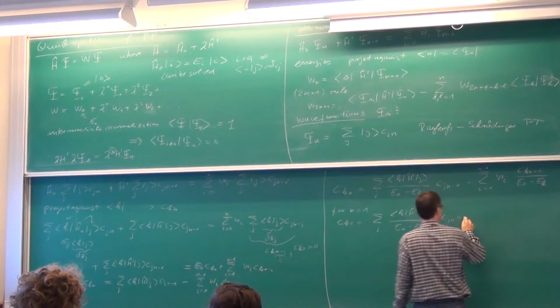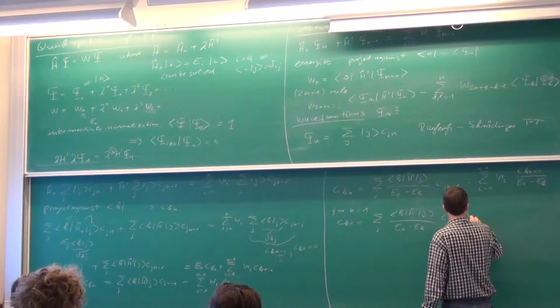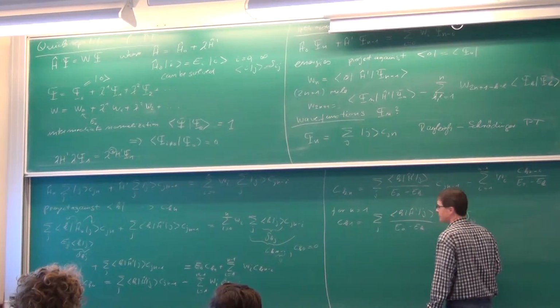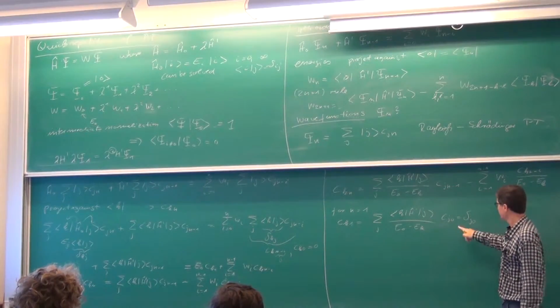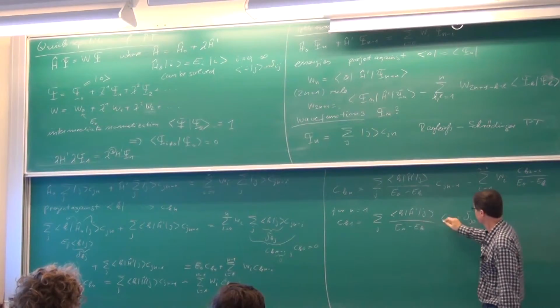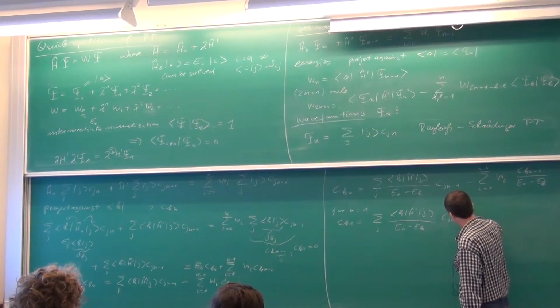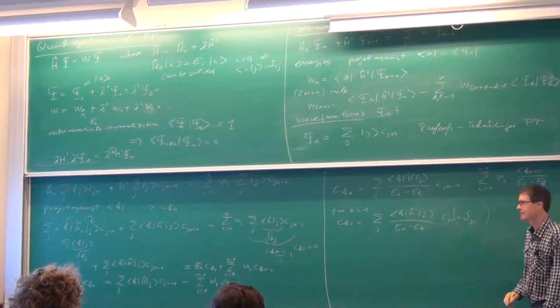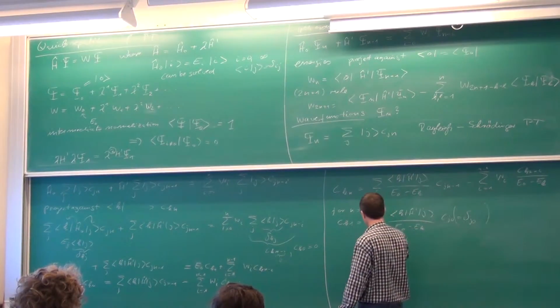So this is delta j 0. So only if j is equal to 0, it gives something. Well, that doesn't belong to that equation, sorry. And that means we just get a single term.